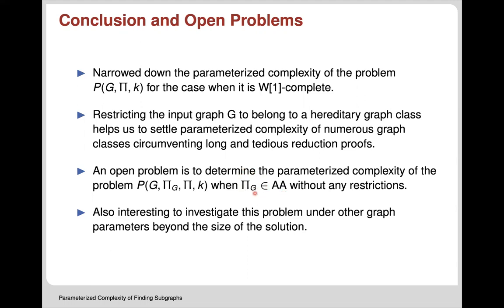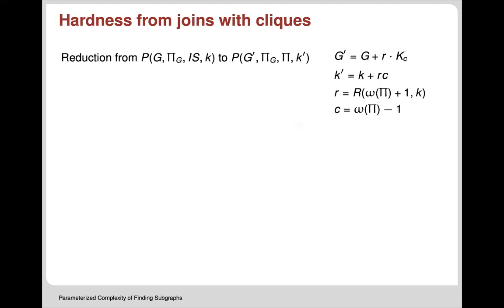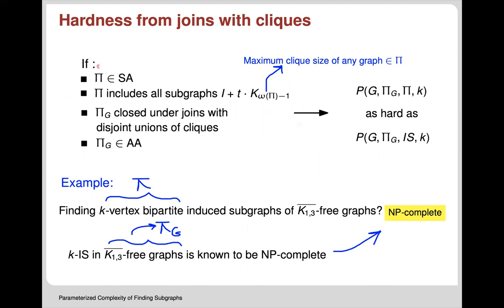Because you want a k-vertex induced subgraph of a chordal graph, where the property has to belong to the class. So say if I want to find a k-vertex bipartite graph in chordal graphs, is that the kind of question?